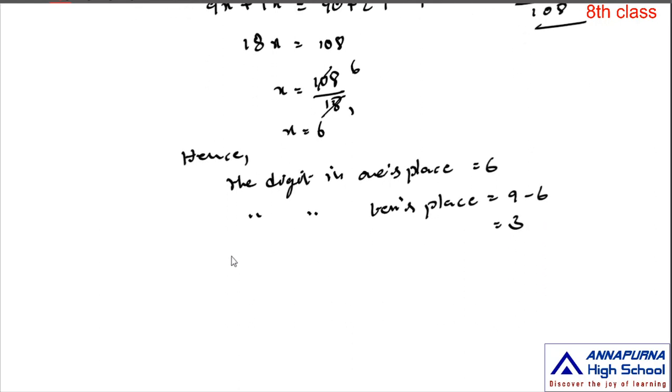So therefore the required two-digit number is equal to 36. The digit in tens place is 3 and the digit in ones place is 6. So the required two-digit number is 36.